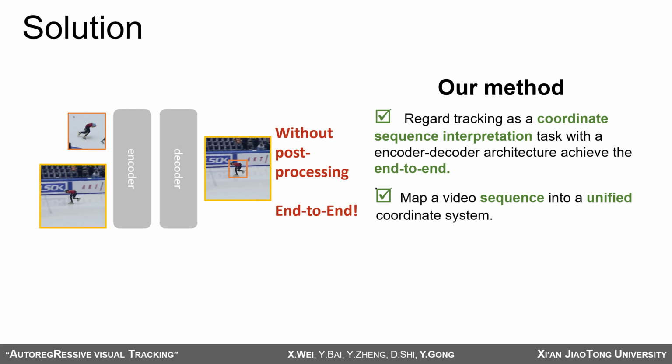In this paper, we present AR-Track, an autoregressive framework designed to address these limitations. Instead of relying on template matching, we approach tracking as the task of interpreting a sequence of coordinates. To overcome the challenges posed by customized heads and post-processing, we adopt a simple encoder-decoder architecture, which enables an end-to-end framework.